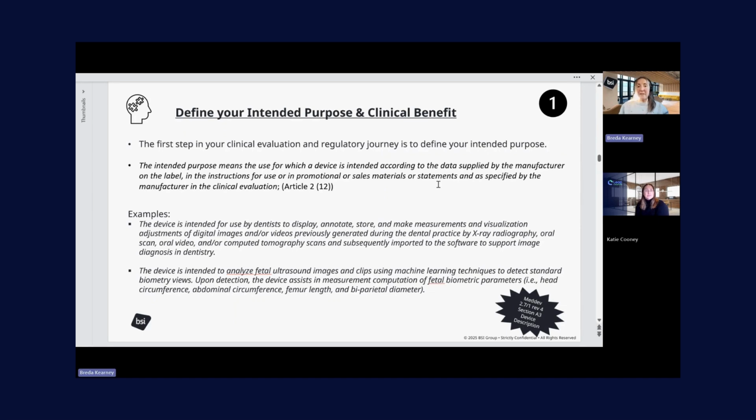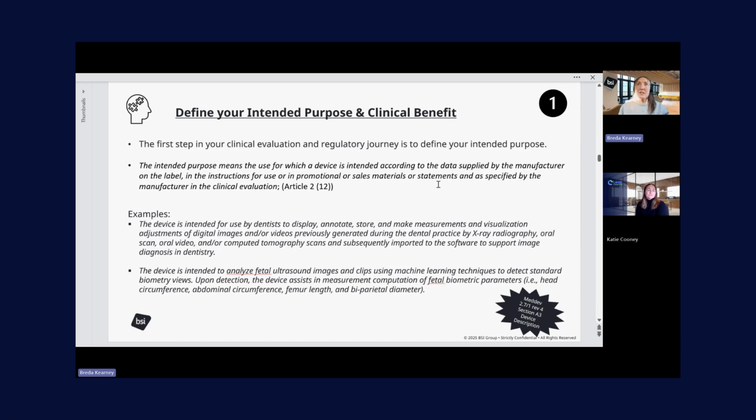What are you telling people that this device is for? What is it actually doing in the clinical setting? And you need to be very precise, because if you're vague, it always causes issues when it comes to the notified body reviewing your files.